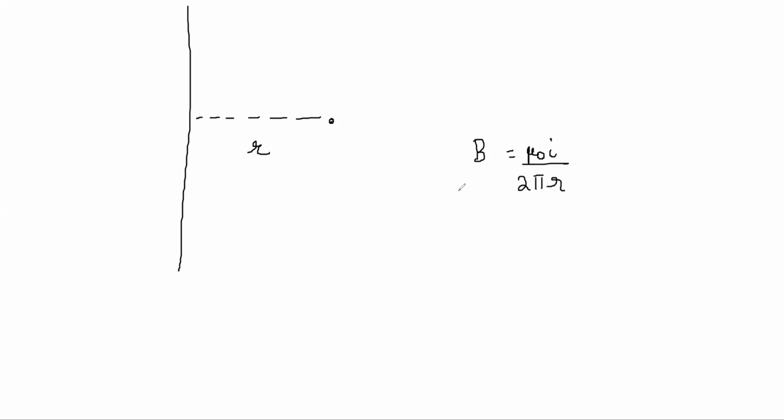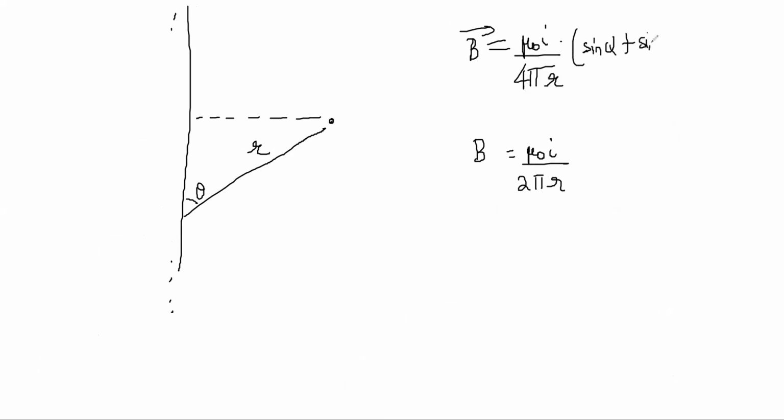Now here the way we had integrated was taking this as theta, and this is long wire. A more convenient way to write this formula due to a straight wire is mu naught I by 4 pi, this distance is say r, sine alpha plus sine beta.